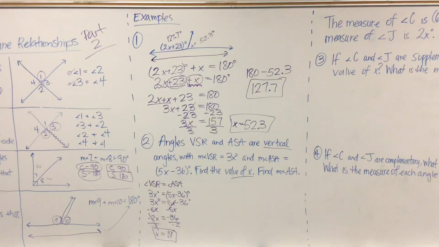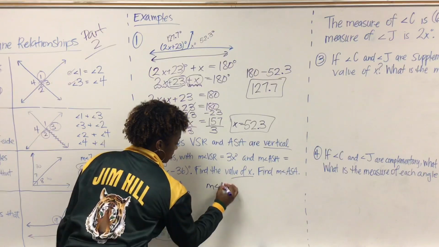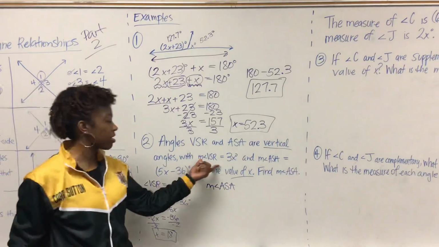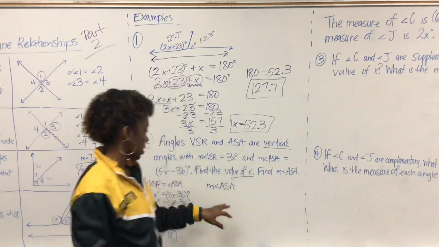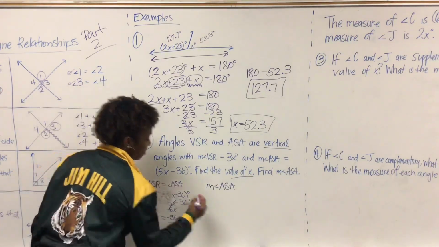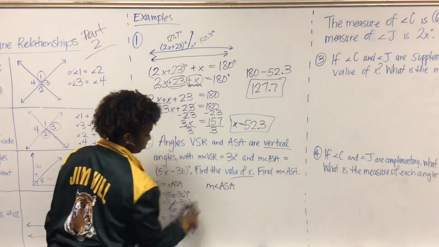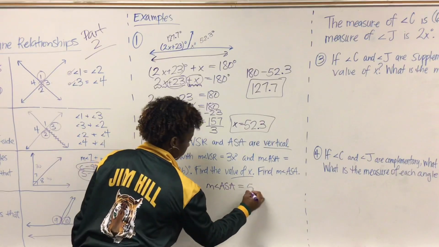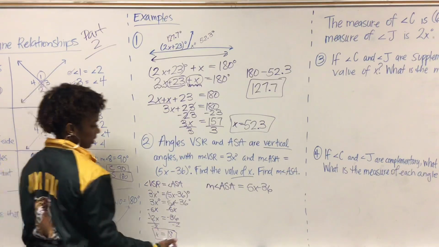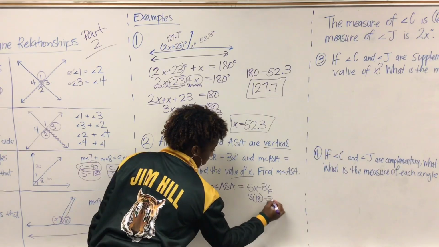Now, second part, I want to find the value of measure angle ASA. So I'm just going to write this here so I can make sure that I find the value of the right one. It did not say VSR, it said ASA. So that's why I wrote it here, to make sure that I'm following the directions. Then I'm going to write what it equals: 5x minus 36. Now I'm going to sub in the answer I got here for x. So this is 5 times x, so that's 5 times 18 minus 36.